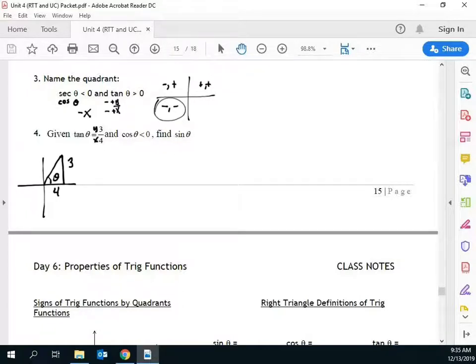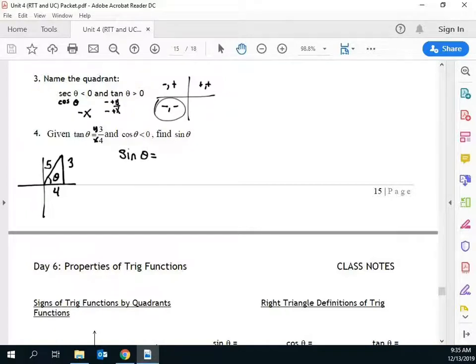So we could easily write, or you guys learned in geometry, TOA. O over A. You need to go back that far. So then you see this, you say, okay, it goes on to say, well, this is a 3, 4, 5 triangle. It says, find the sine of theta. Sine is what over what, guys?